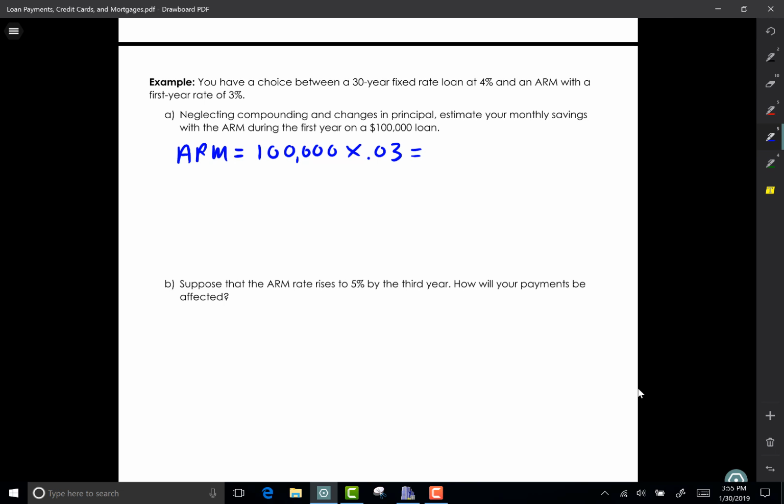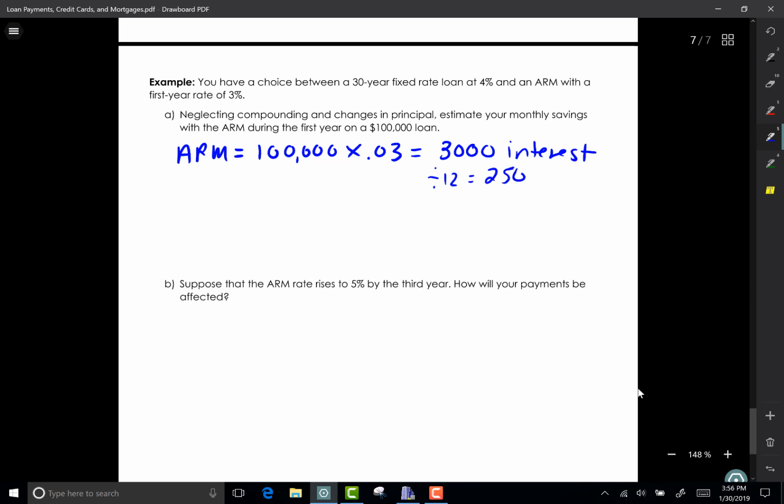This is just a quick estimate. If we take 100,000 and multiply by 3%, that means we're going to pay about 3,000 in interest. Okay, and then if we divide that by 12, that's about 250 in interest per month. The 3,000 would be over the whole year.